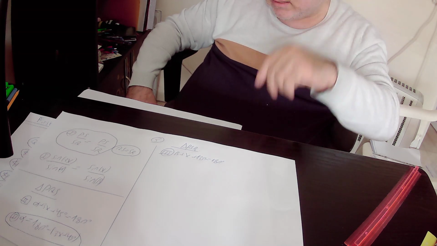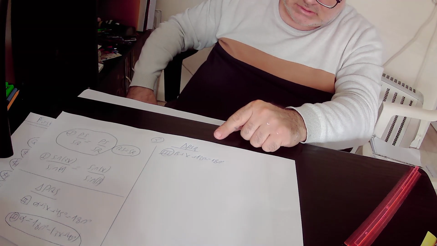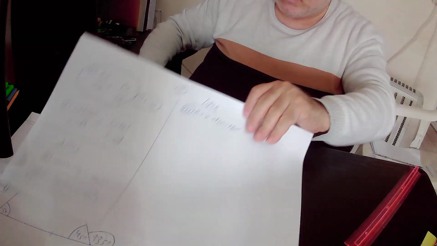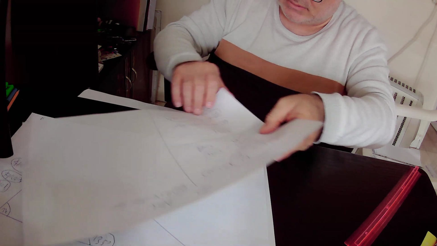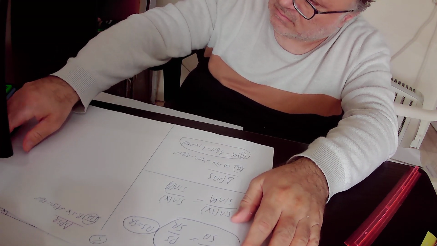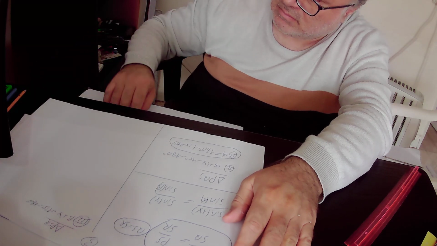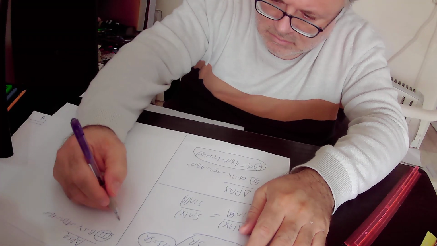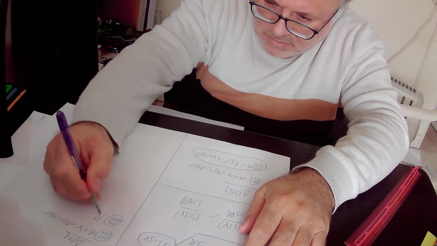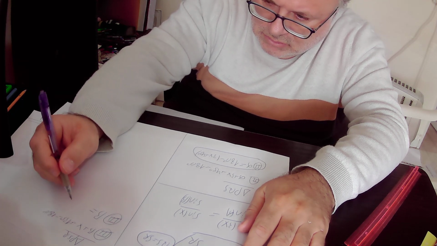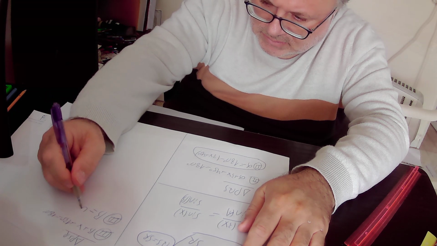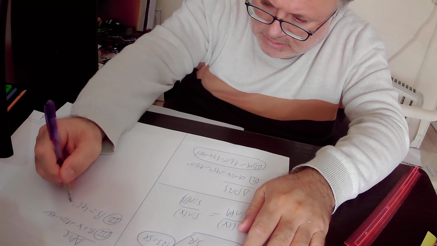Here we will subtract from equation number 3 135 degrees and also x, and we will get that according to equation number 3, beta equals 180 degrees minus 135 degrees, which is 45 degrees, minus x.